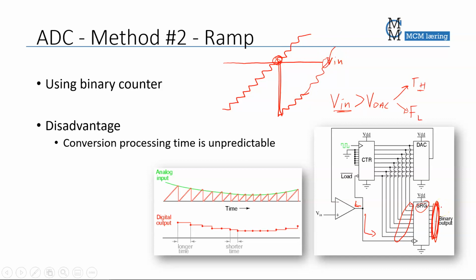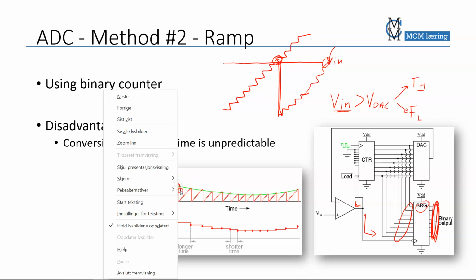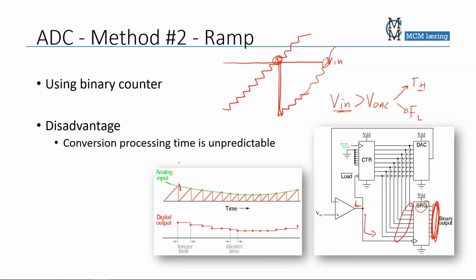So it basically counts the steps upwards like that until the ramp is equal to, or actually passes, the green analog input here. When they pass, the ramp goes down to 0, starts counting again, goes down, starts counting again, and so on, for each time the ramp passes the green analog input.